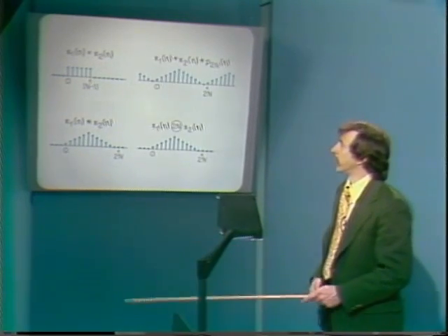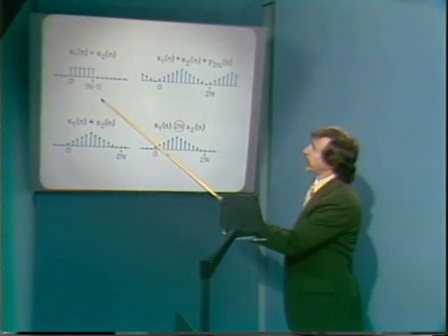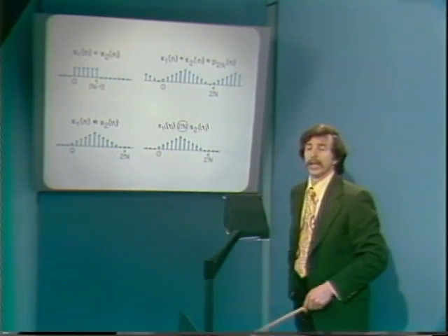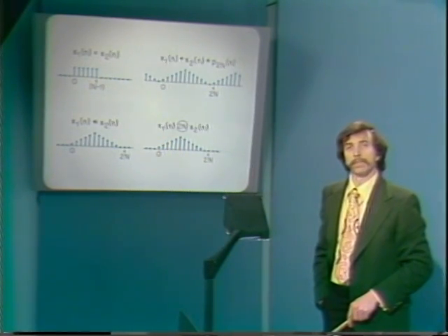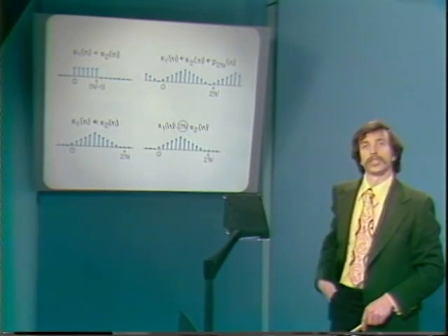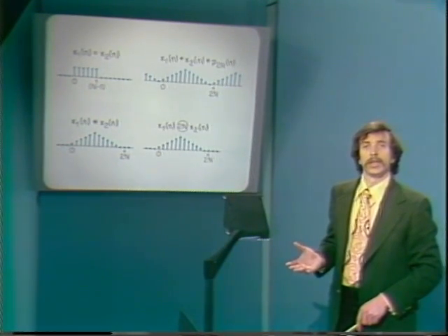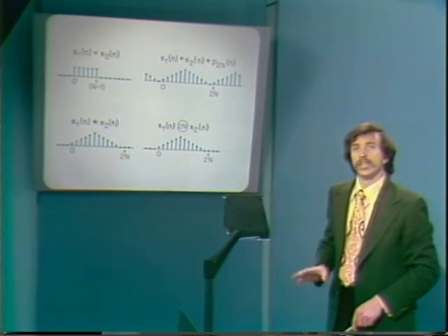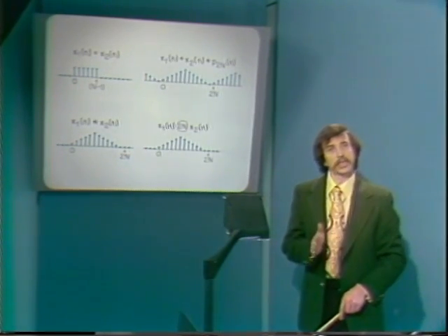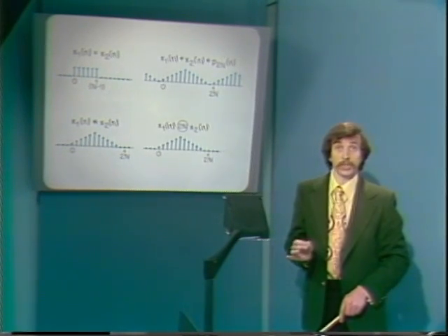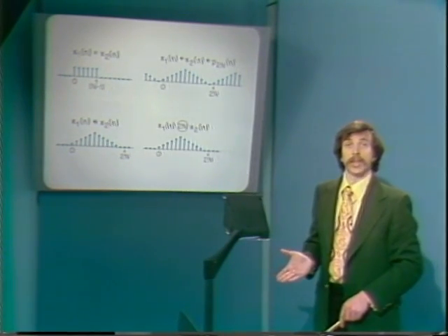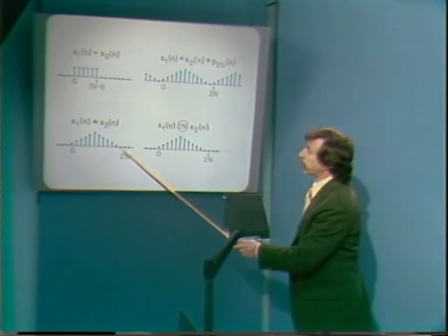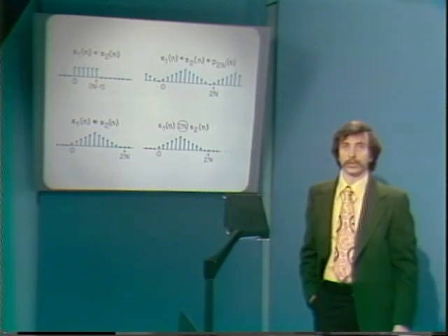You can show, and you'll see this in more detail in the text, that if you have one sequence of length N and another sequence of length M, then the linear convolution of the two is always going to be shorter than or equal to N plus M minus 1 points. So if we do the circular convolution on the basis of N plus M minus 1, or N plus M, well, take N plus M, that will certainly work, then the circular convolution will end up corresponding to a linear convolution.